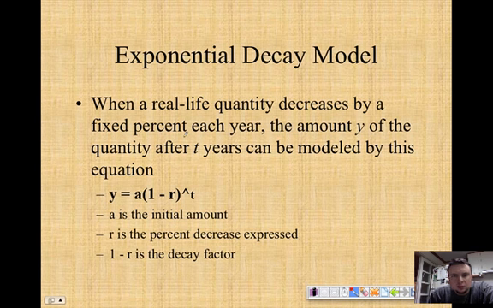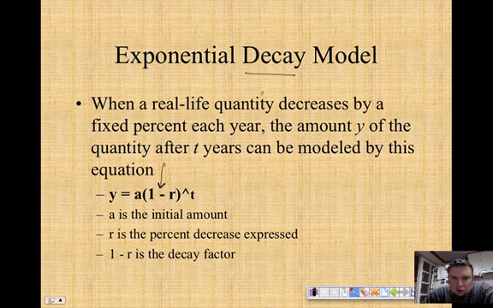Alright, back to the video here. Last example is an exponential decay model. This is basically the same screen as I had on section 1, only it was exponential growth model. The only thing different between that one and this one is this.